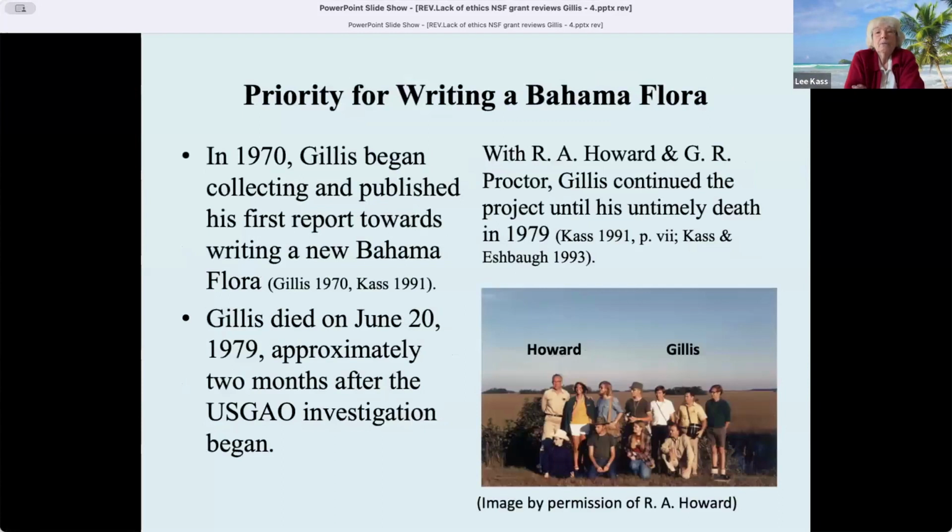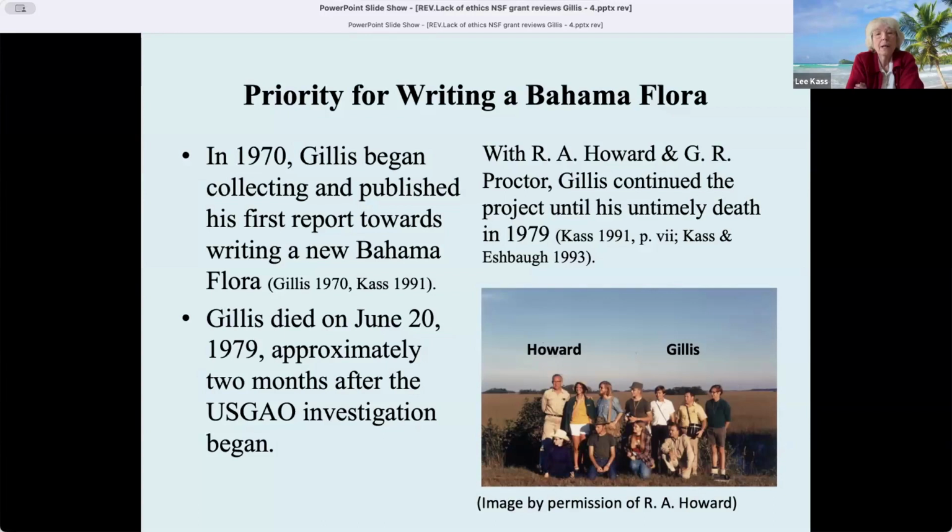What was the priority for writing a Bahama Flora? In 1970, Gillis began collecting and published his first report towards writing a new Bahama Flora. The publication came out in 1970, and we cited it in 1991. With Richard Howard and Dick Proctor, Gillis continued the project until his untimely death in 1979.